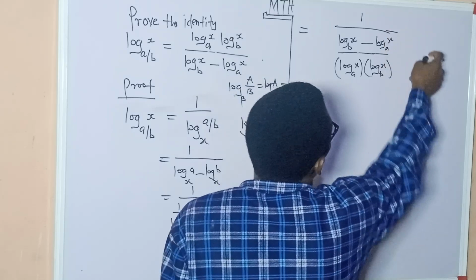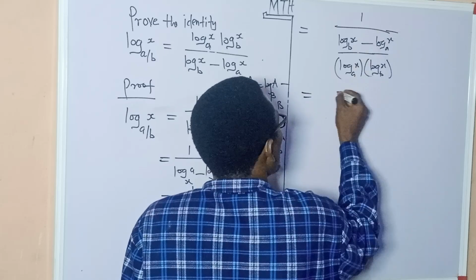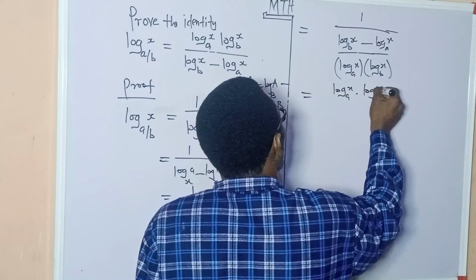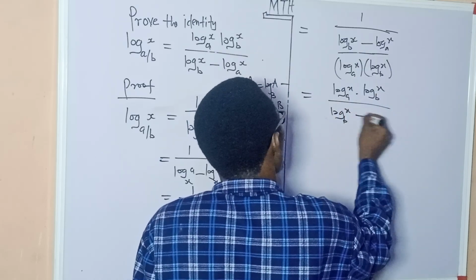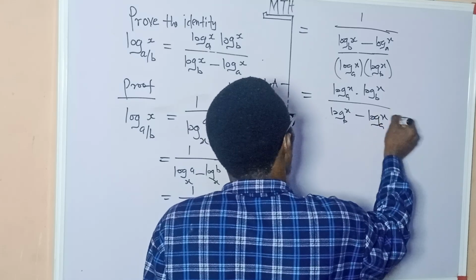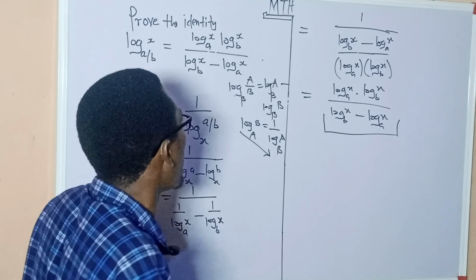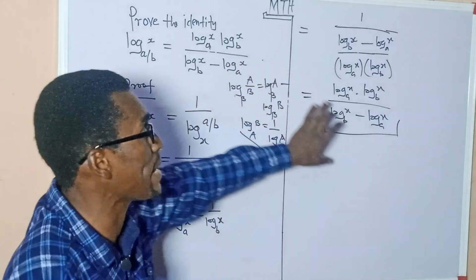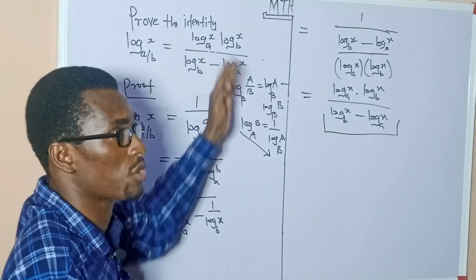Now, from the reciprocal law of fraction, this can be written as log to base a of x multiplied by log to base b of x, divided by log to base b of x minus log to base a of x. If you observe this latter expression, you discover that it is exactly the same as what is required to be proved. So by this, we have established that the left-hand side is indeed equal to the right-hand side.